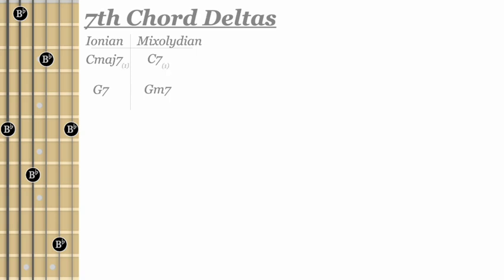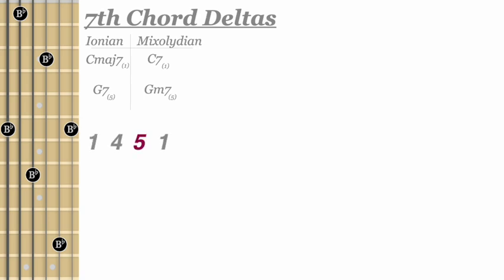Now, when we're talking about these distinct chords for Ionian and Mixolydian, we're talking about the 1st in the scale, which is our tonic, and the 5th, our dominant, right? So expanding out the chord progressions just a little bit, really expanding out the chords.